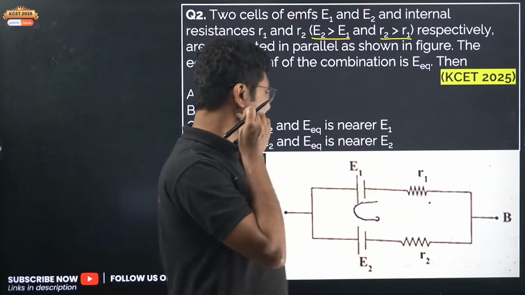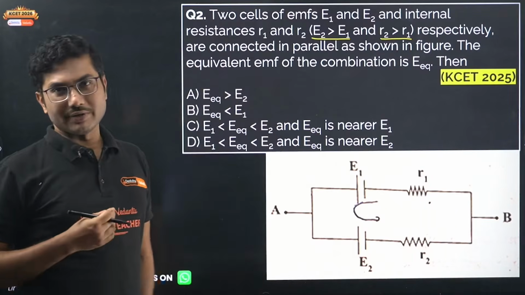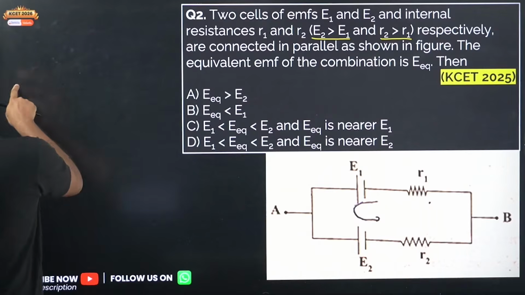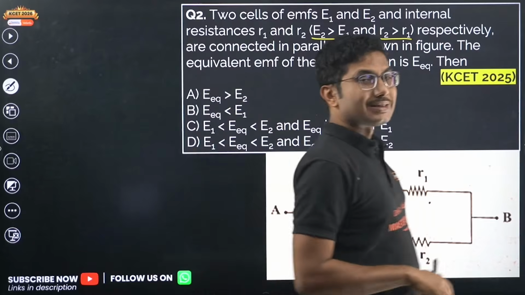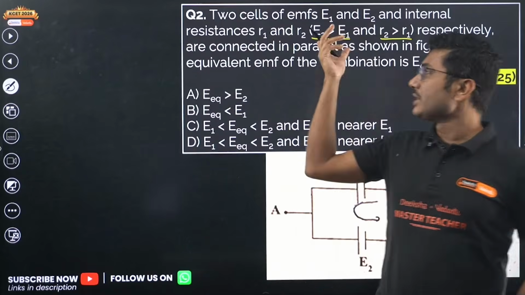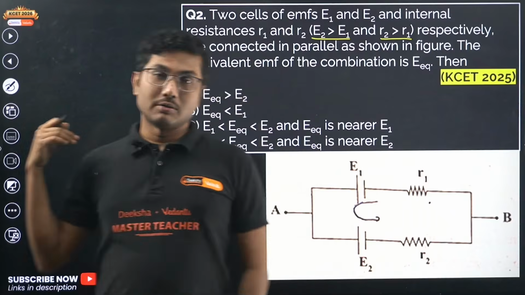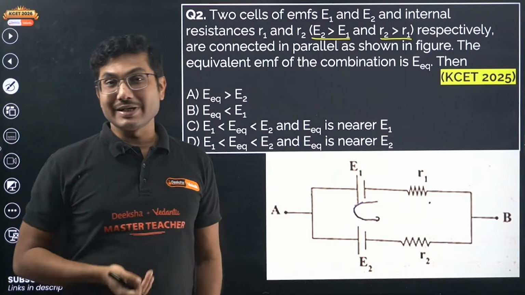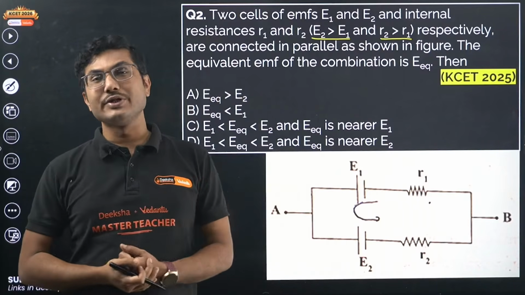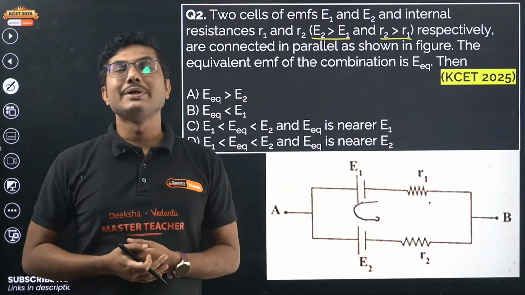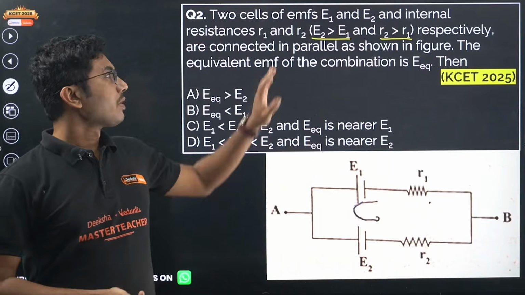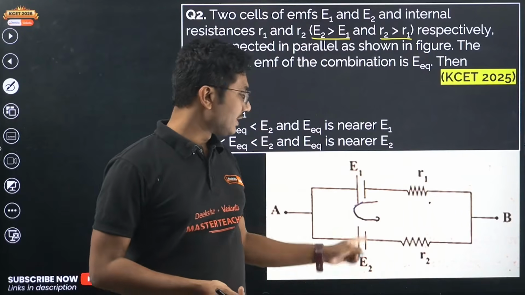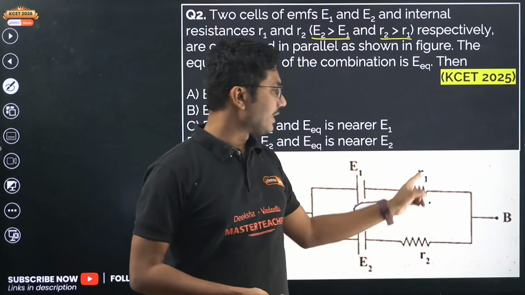Now very interesting is that the values are not given, but that will not stop us from solving such questions. Whenever some condition is given, and they ask you for the equivalent resistance, if the same question was asked with some values, that would have been much easier. But values are not given, only that E2 is greater than E1 and R2 is greater than R1.